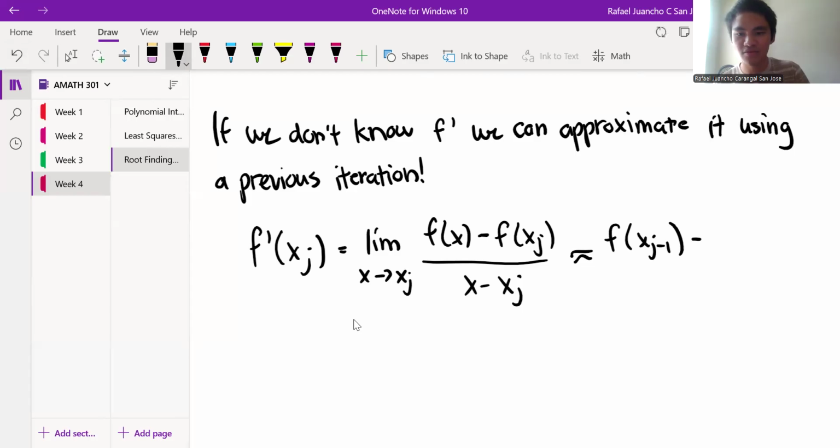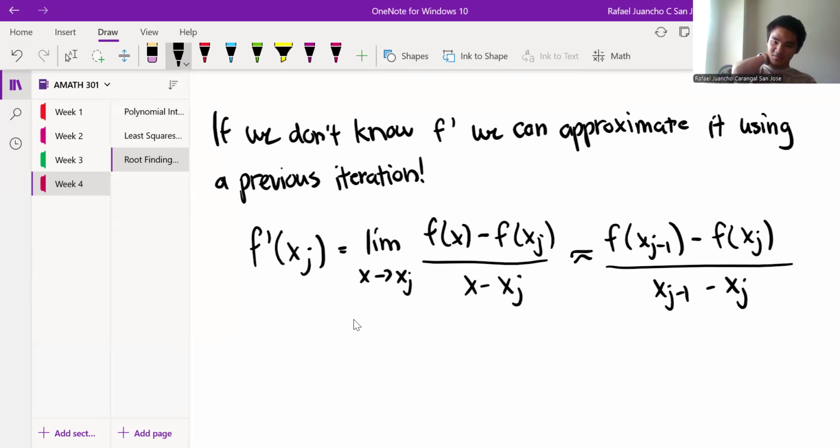And we're going to subtract that too. So at the end of the day, we're just approximating. If we don't know our f prime, we just approximate it.